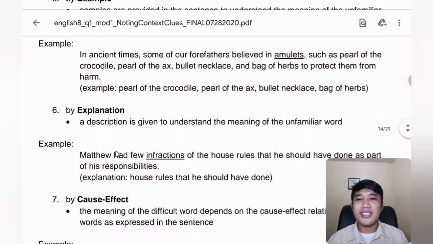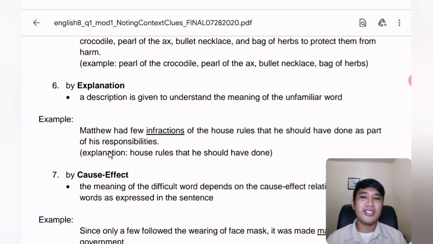Number 6, by explanation. So this type of context clue is a description given to understand the meaning of the unfamiliar word. Matthew had few infractions of the house rules that he should have done as part of his responsibilities. Infractions. So what is the meaning of infractions? What can help us to understand the word infractions?